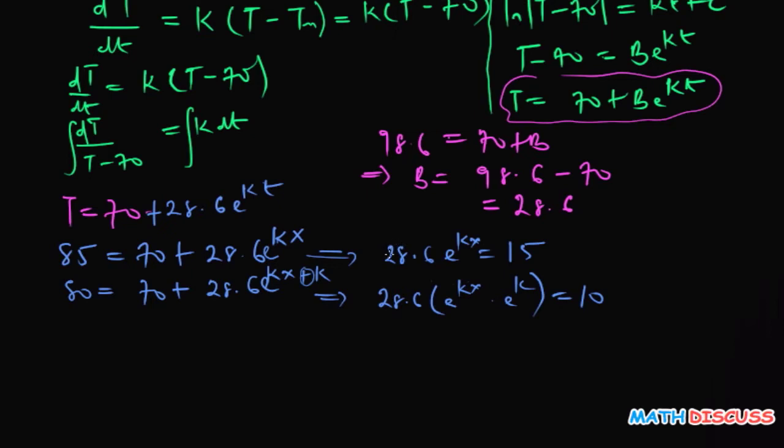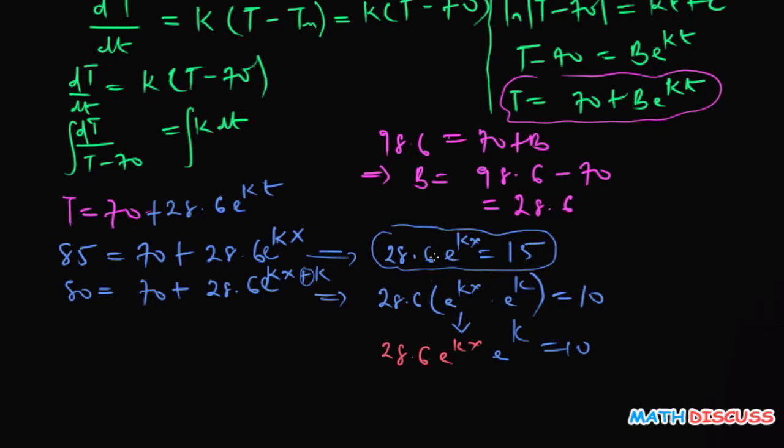So from here we have 28.6 e to the power kx equals 15. And then this is the same thing as 28.6 e to the power kx, and then e to the power k equals 10.